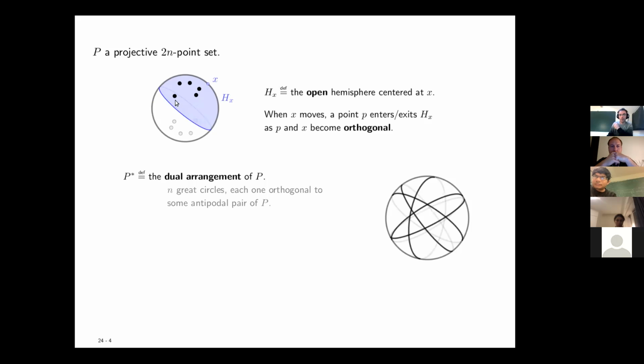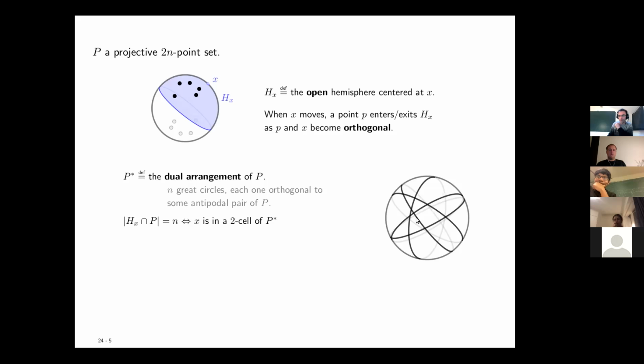That tells us that we should perhaps look at the dual arrangement of these points, meaning for every pair of antipodal points, I look at the great circle of vectors that are orthogonal to this pair. So I have 2n endpoints forming n pairs, so I get n great circles. And now I get exactly n points in my open hemisphere if and only if my point x is not on one of those great circles.